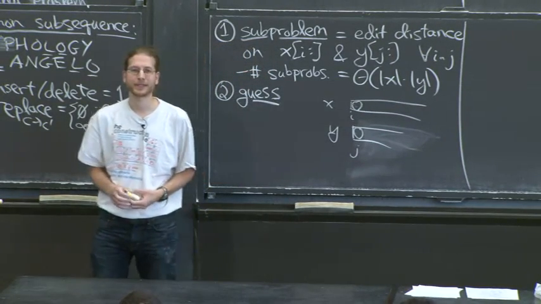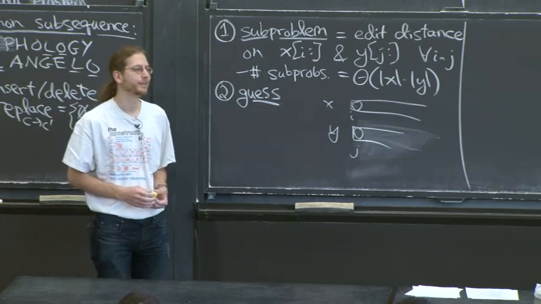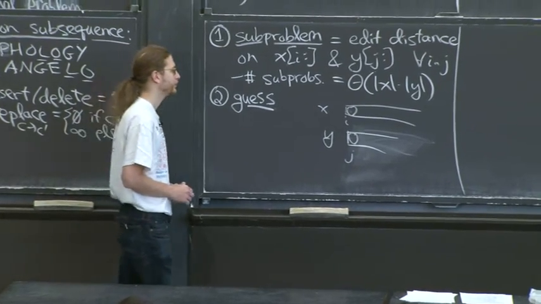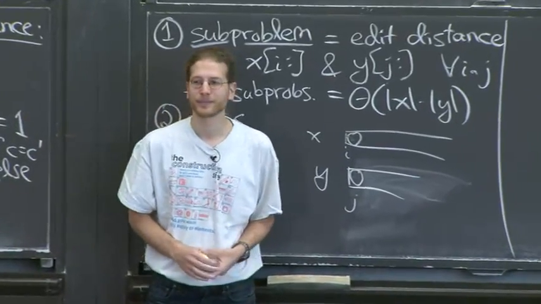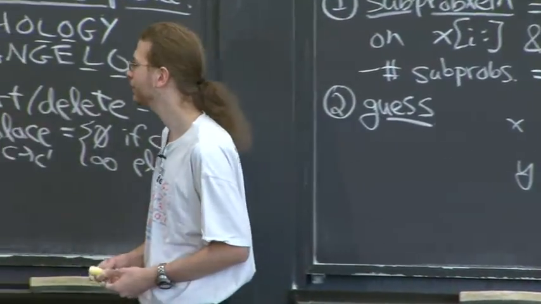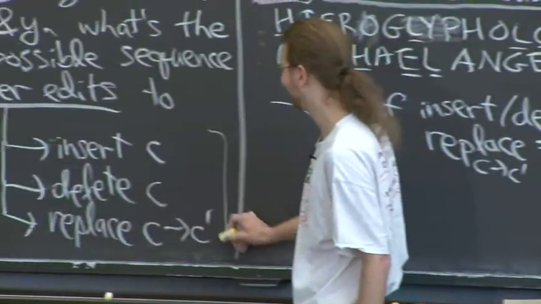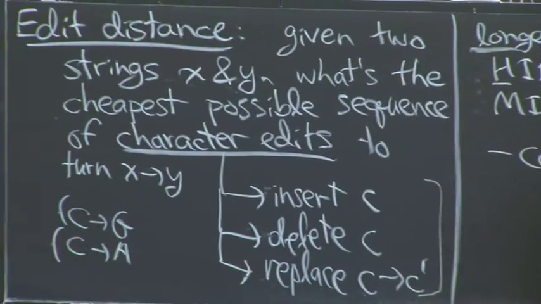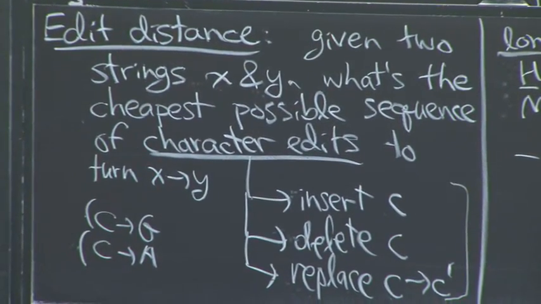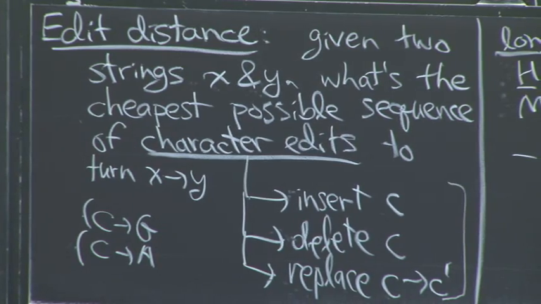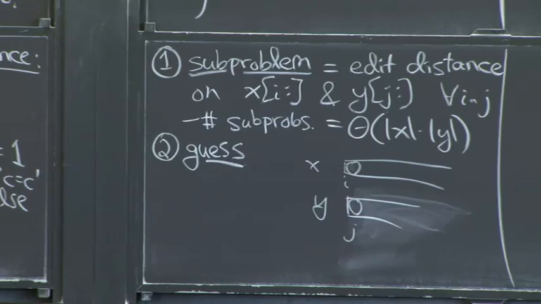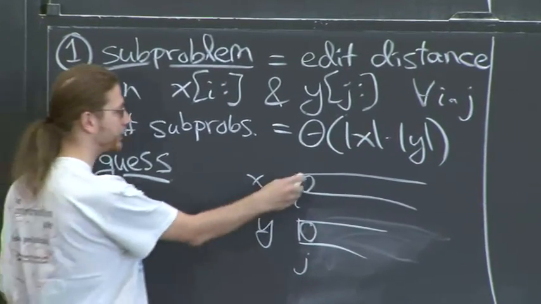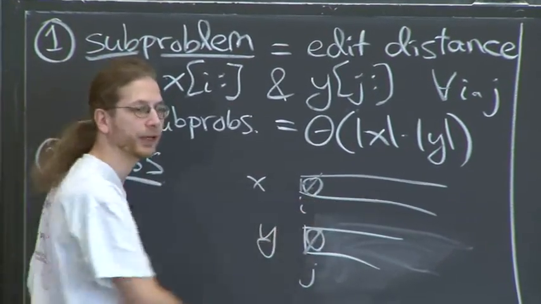There's a few possibilities. If you look at it right, there are 3 possibilities. The 3 possibilities are insert, delete, and replace. Okay, so let's figure out how that's the case. I could replace this character with that character. So that's one choice. That will make progress. Once I do that, I can cross off those first characters and deal with the rest of the substrings.